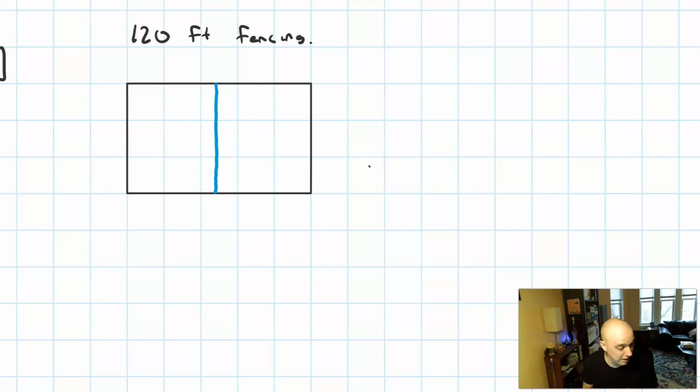Now, if you were doing a problem like this, I would still let your x's and y's be the same. Let your vertical sides be x and your horizontal sides be y. But notice how here we'd have 3 x's. So our equation we set up would be something like 2y plus 3x equals 120.